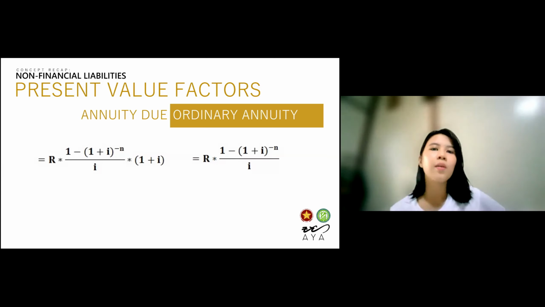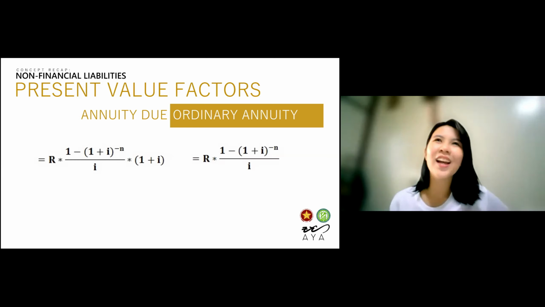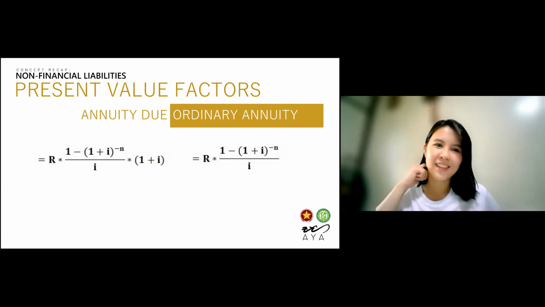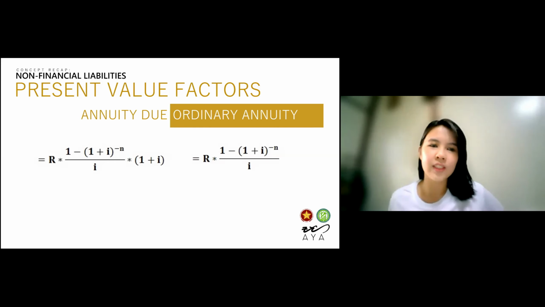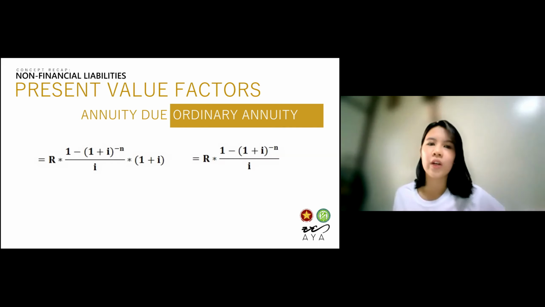Always remember, because as a person, that's my usual mistake during exams: I just assume it's once a year, and then I realize at the end that I used the wrong power. So always check first the frequency and the number of years. Then, all over interest times 1 plus interest.